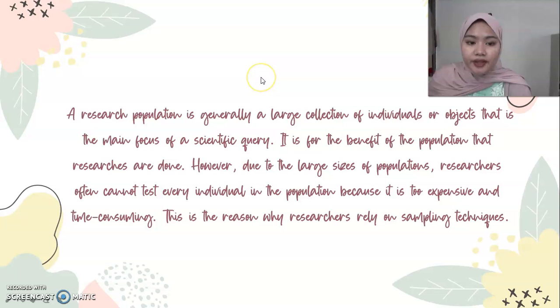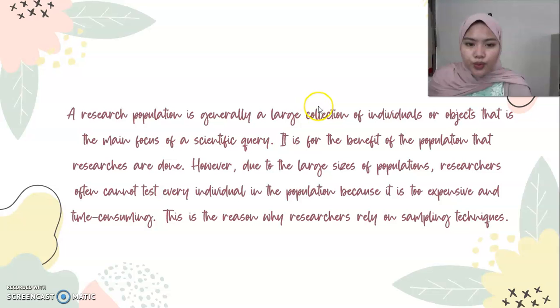It is for the benefit of the population that research is done. However, due to the large size of the population, researchers often cannot test every individual in the population because it is too expensive and time consuming. This is the reason why researchers rely on sampling techniques.